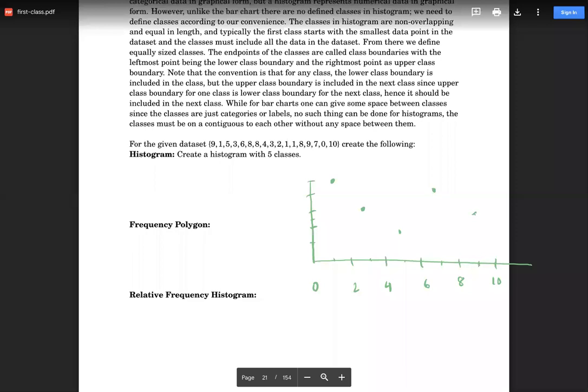So now what you do, you connect these points. And that's the frequency polygon. And then that leads to the relative frequency polygon.